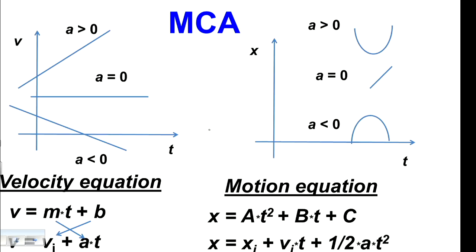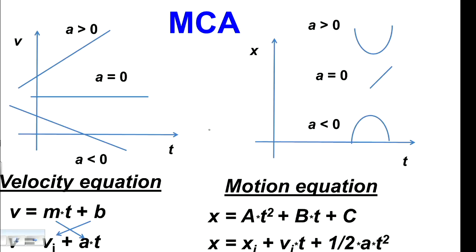The motion equation for the mathematician, it's a quadratic equation, just constants. For a physicist, C represents the initial position, B represents the initial velocity, and this coefficient is equal to a half of acceleration. Depending on combinations of variables, we can have different graphs.